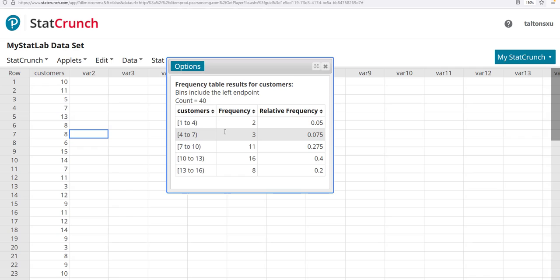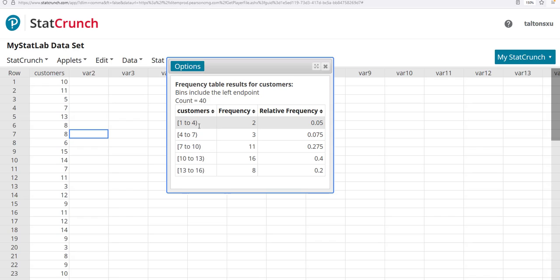Alright, so if you look over here at customers, you'll see a bracket and then a parenthesis. So you see a bracket on 1 and a parenthesis on 4. That bracket means that 1 is included in that class. That parenthesis on the 4 means 4 is not included in that class, which makes sense because our class interval went from 1 to 3.